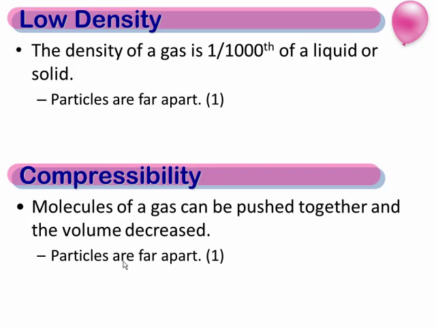Compressibility. The molecules of a gas can be pushed together and the volume decreased. Again, it's because the particles of a gas have such a large space between them. So if we look at two containers, one container here, and it's a flexible container, and we put gas particles here.